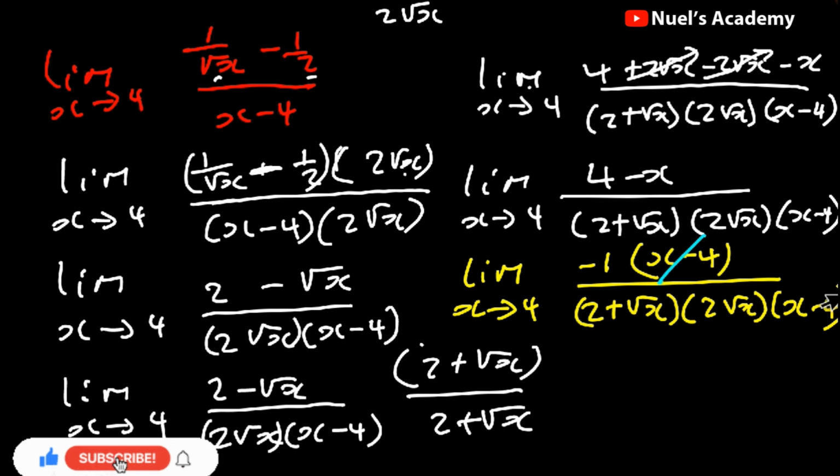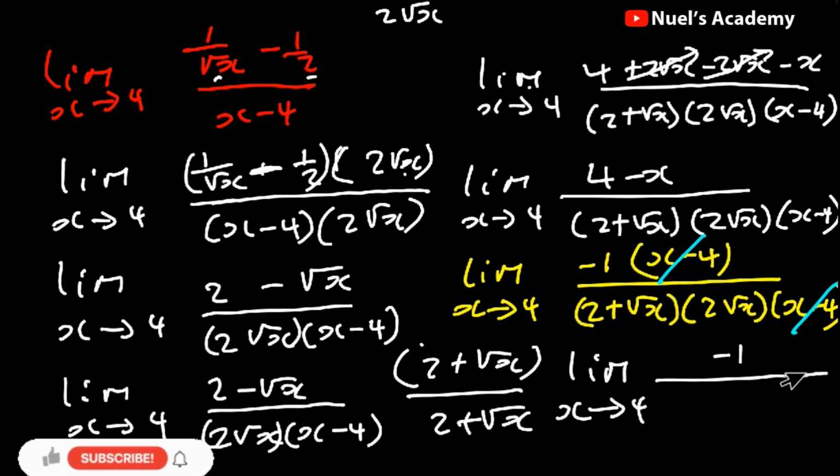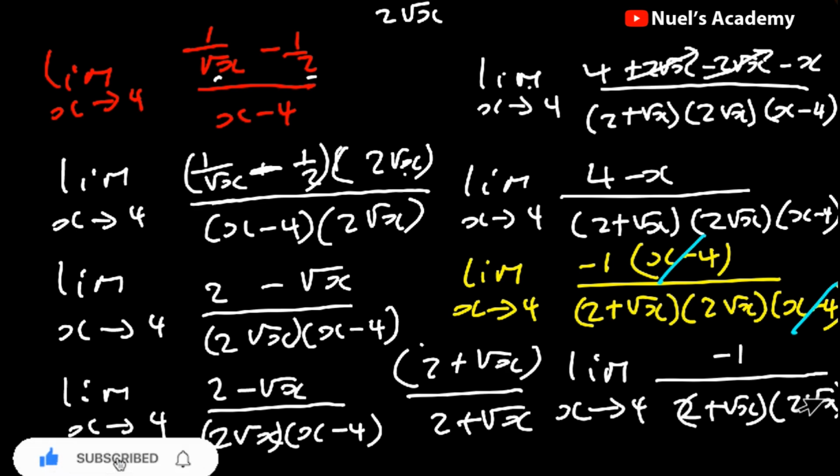This and this will cancel. Then we'll be left with limit as x approaches 4 of minus 1 over 2 plus root x multiplied by 2 root x. So let's plug in the value of 4 into this whole expression.